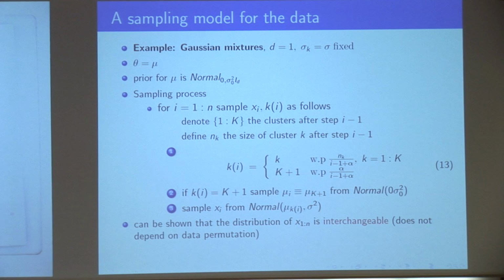This is also called the Chinese restaurant process, CRP. So the cluster for point i will be an existing cluster with a probability that depends on the sizes of the previous clusters. The n_k are the sizes of the clusters that already exist.